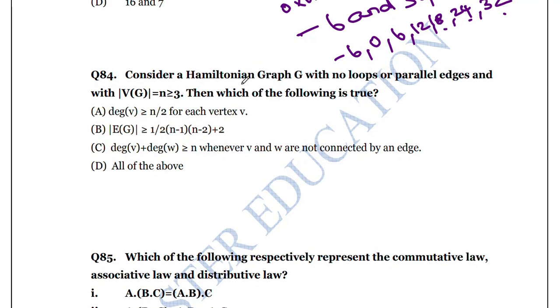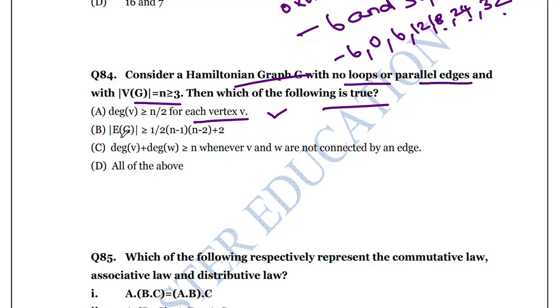The next question is, consider the Hamiltonian graph with no loops or parallel edges and V of G equal to n, where n is greater than or equal to 3. Then which of the following is true? Degree of vertices is greater than or equal to n divided by 2 for each vertex v. So this is one rule for a Hamiltonian graph.